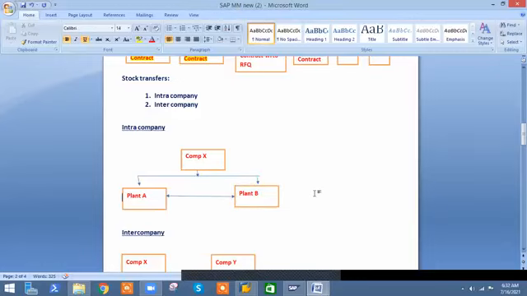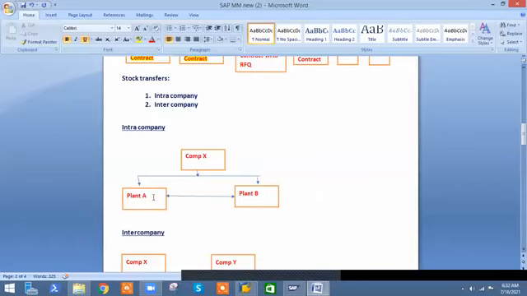So generally, when the customer receives some product or material, he needs to pay. Here in intra-company STO, there is no payment for the materials being procured. Why?